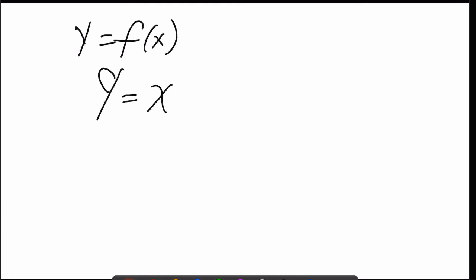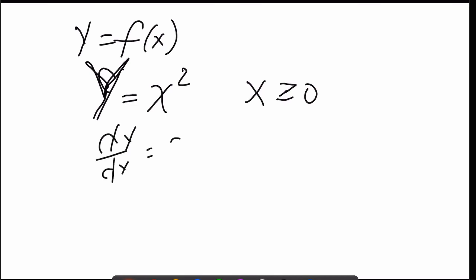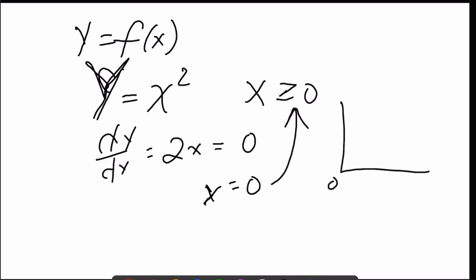To y as a function of x. Y equals x squared, x greater than or equal to 0. Okay, well that's easy to solve, right? I can solve that mathy-wise, right? I can say dy/dx is 2x, right? I optimize that by setting it equal to 0. That means x equals 0, and that fits my constraint. In fact, that would be what? x equals 0.